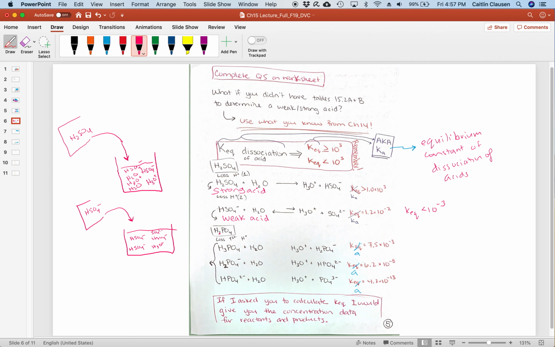Now for phosphoric acid, on the other hand, we have to put in the equilibrium arrows here. The equilibrium constant is 10 to the minus 3. So we're going to get a little bit of product, but more reactant. Now we're at 10 to the minus 8.